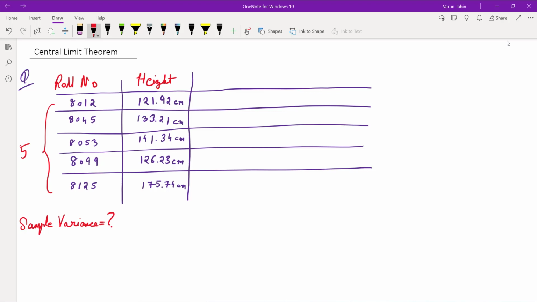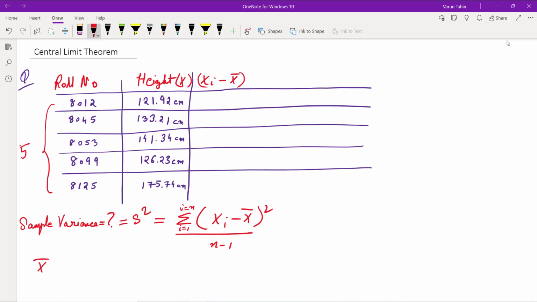If you can recall, the sample variance is denoted by S square, which is the summation of all values of xi minus x bar square, divided by n minus 1, where elements go from 1 to n. As we will be doing calculations on height, let's denote it by x. What we have to find first is xi minus x bar. For this we will calculate the sample mean first, which is the summation of xi divided by n.